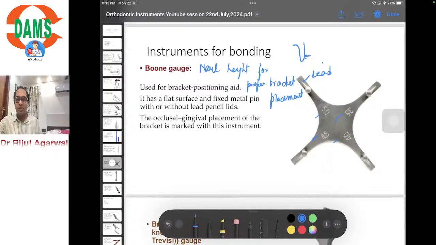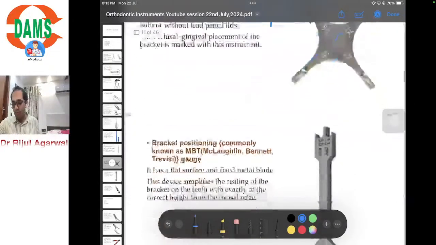So Boone's gauge is used to mark the height for proper bracket placement. It has a lead attached to it, used parallel to the occlusal or incisal edge for marking the proper height for placement.